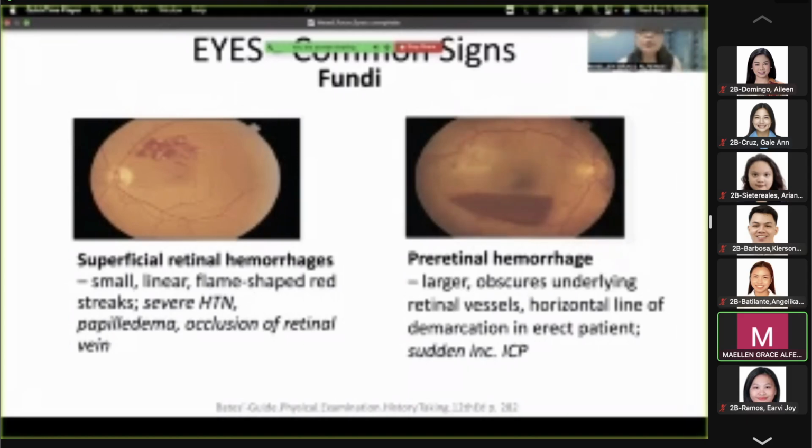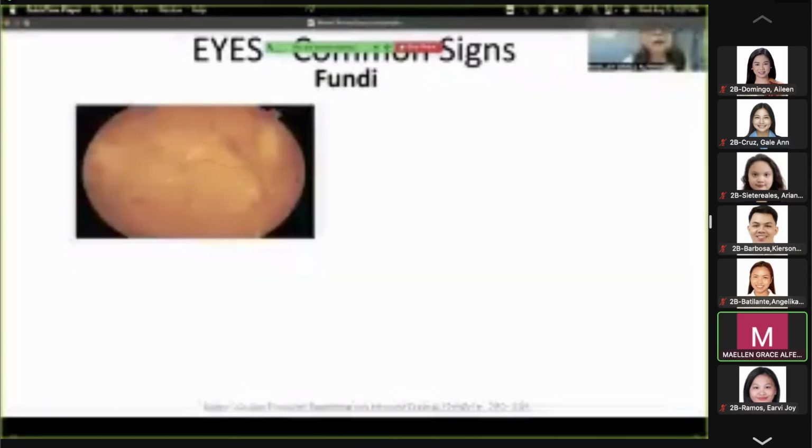So I mentioned to you already what are the possible causes of increased intracranial pressure that can cause the optic disc to be bulging.